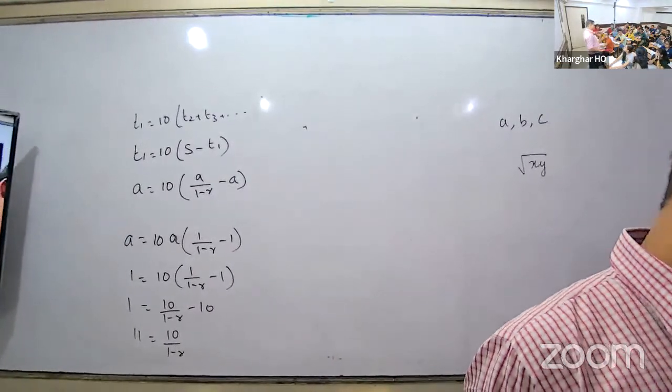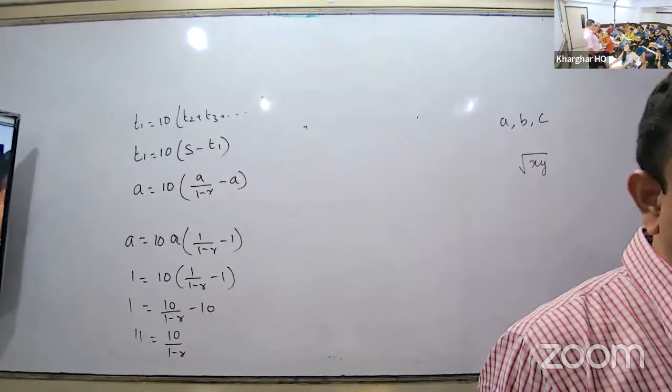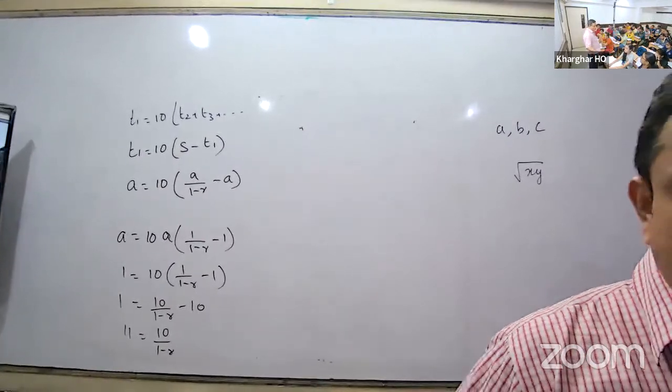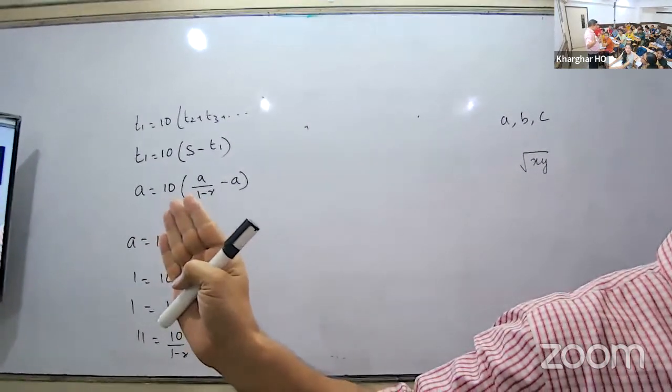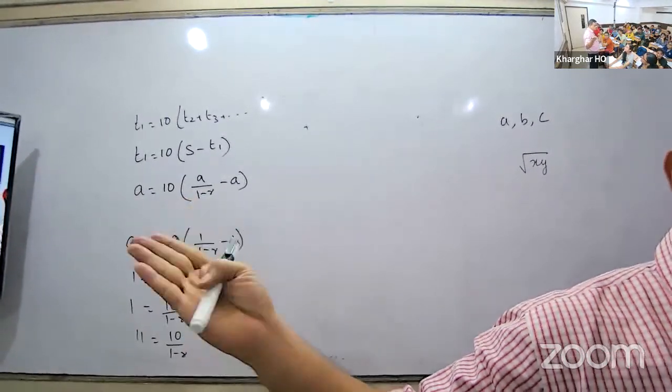Tell me. How do you take three numbers in AP? A minus D, A, A plus D. How do you take four numbers in AP? A minus 3D, A minus D, A plus D, A plus 3D.